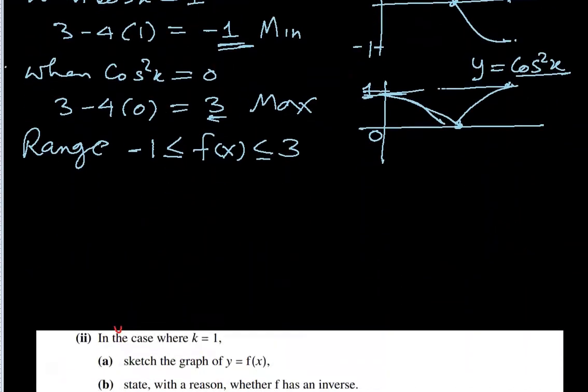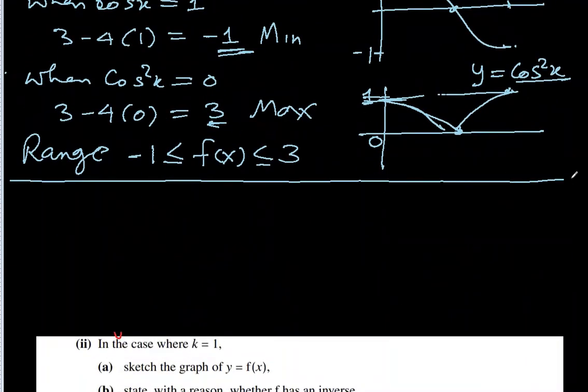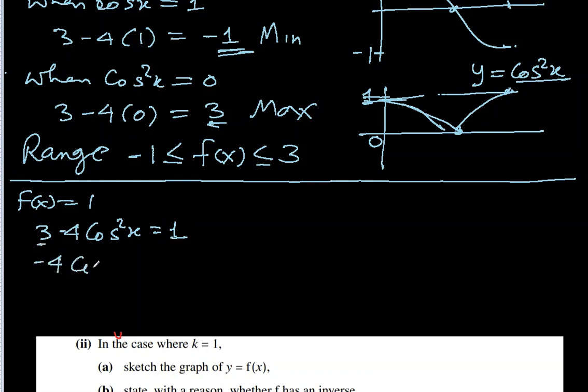B part, find the exact solutions of the equation f(x) equal to 1. f(x) equal to 1, that means 3 minus 4 cos square x equal to 1. Let's take 3 to the other side: minus 4 cos square x equal to 1 minus 3.